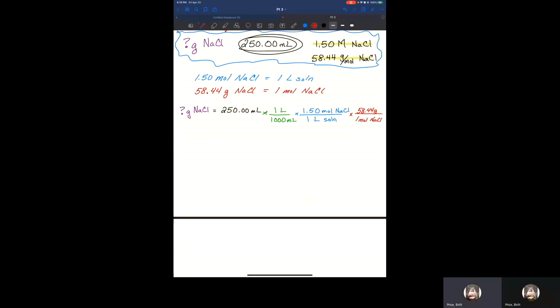And let's see, going through and double checking. Oh, I'll use gray, milliliters, milliliters, liters, liters, moles, moles. Yep, all my units cancel.